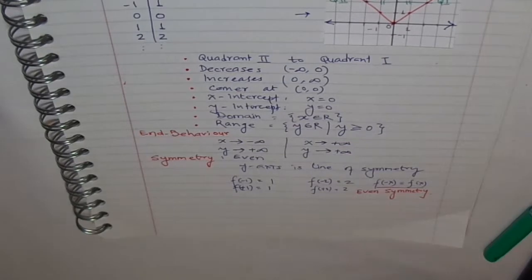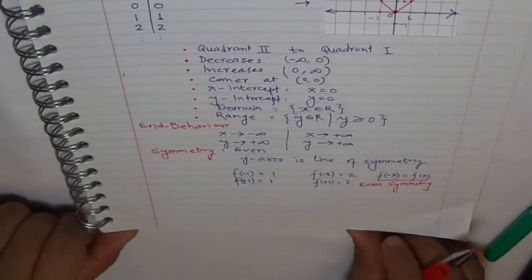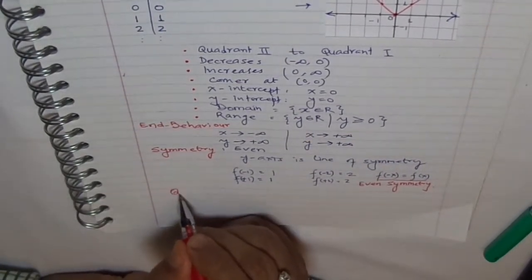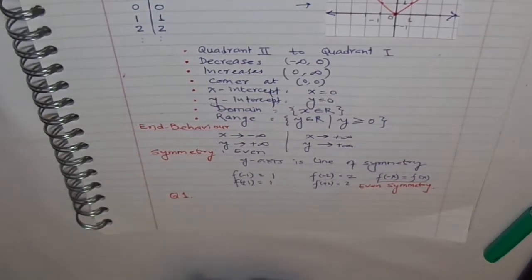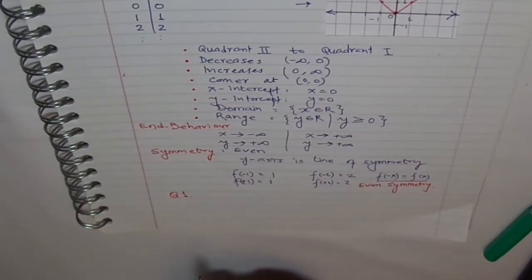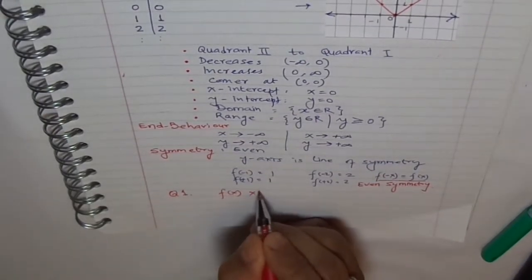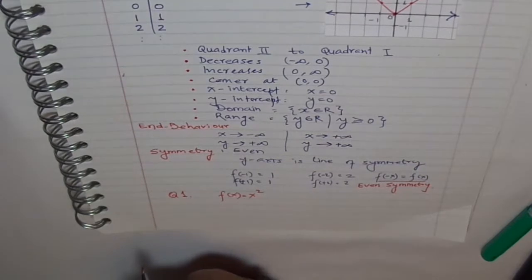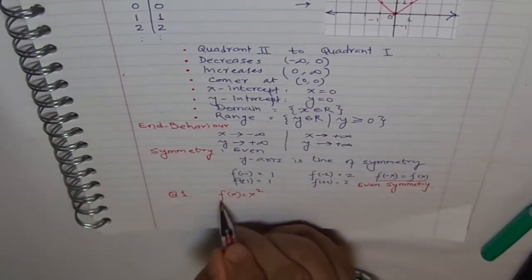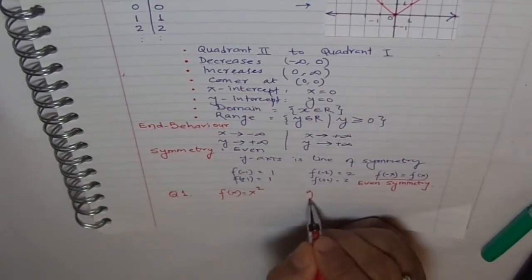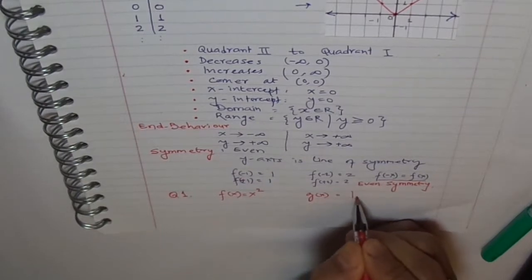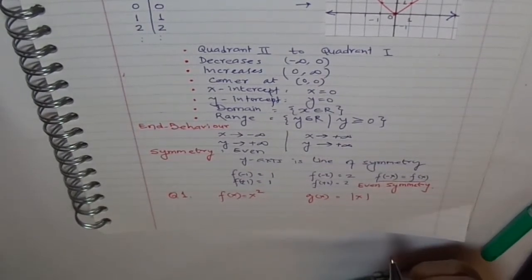Okay, now that brings us to a very, very important question. This graph looks very similar to our quadratic function f(x) equals x squared. Correct? Now, how are f(x) equals x squared and g(x) equals absolute x different?